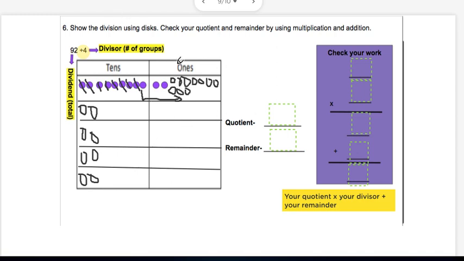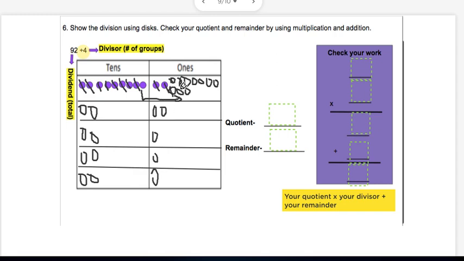How many ones do I now have in my ones place? If you need to, pause the video to count. Beautiful, I have 12 ones. Same as before, I'm going to do the same thing. I am distributing my discs and crossing them out. I want you to pause the video.